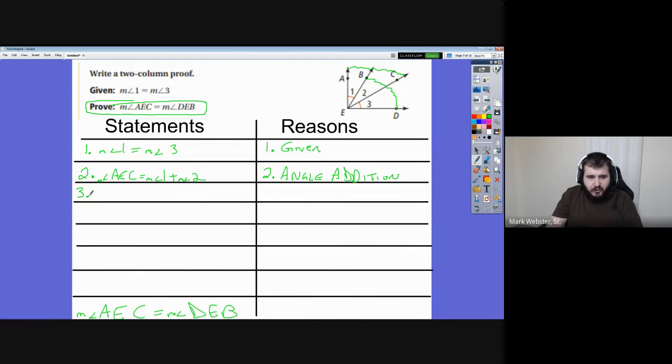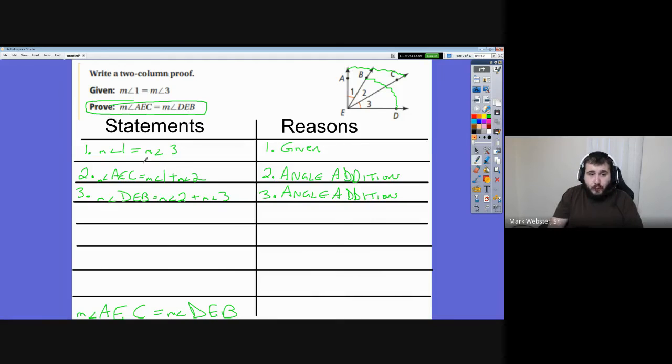Well, let's do the same thing for our other angle, BED or DEB, right? And that's angle 2 and angle 3. What we want is we want these to be equal.